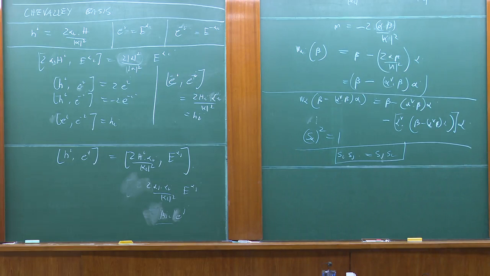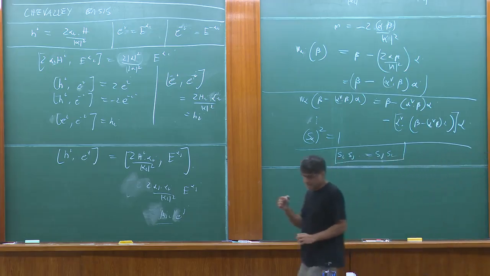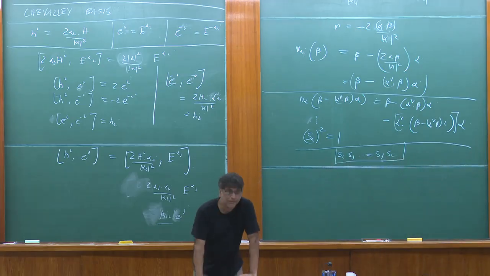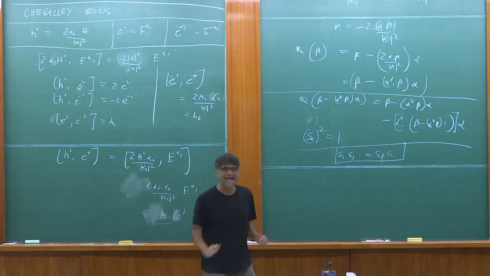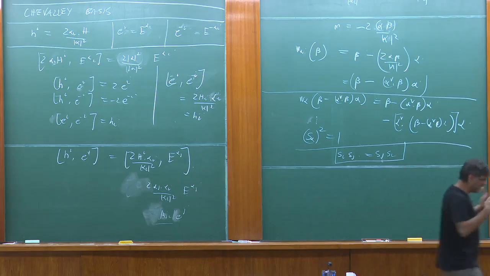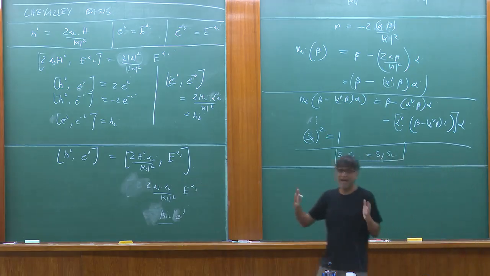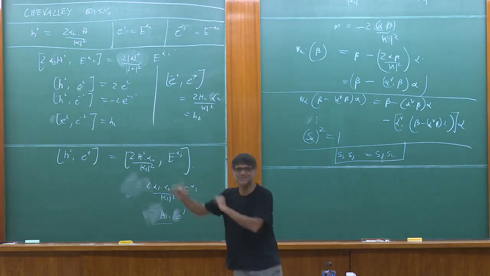The importance of the Weyl group is the following. Suppose I do the following. Suppose I start with a set of simple roots and I act with the Weyl group. Firstly, clearly the Weyl group is a map from roots to roots.